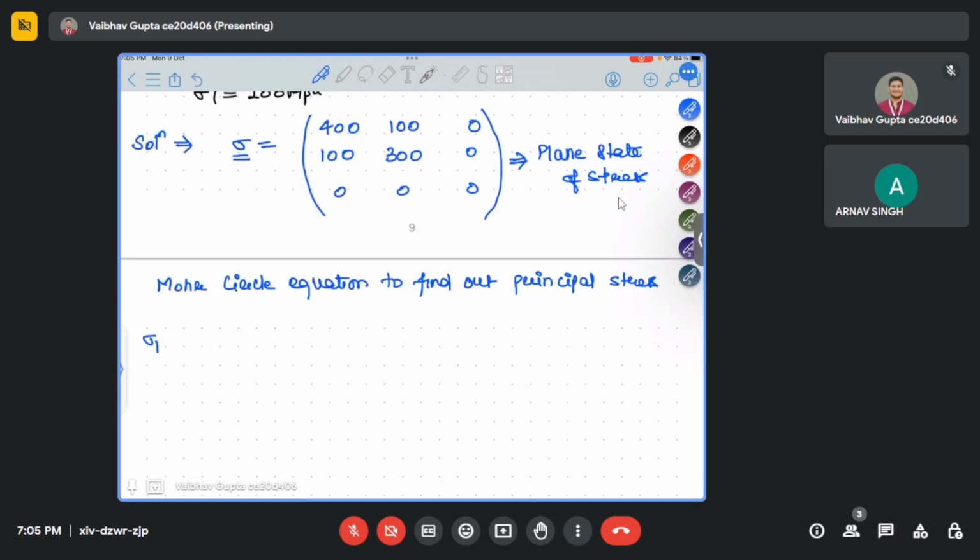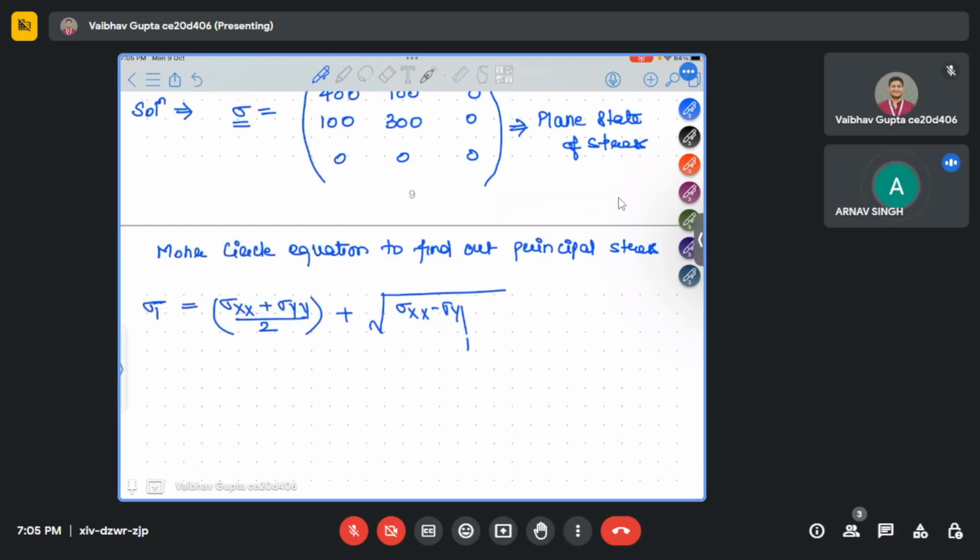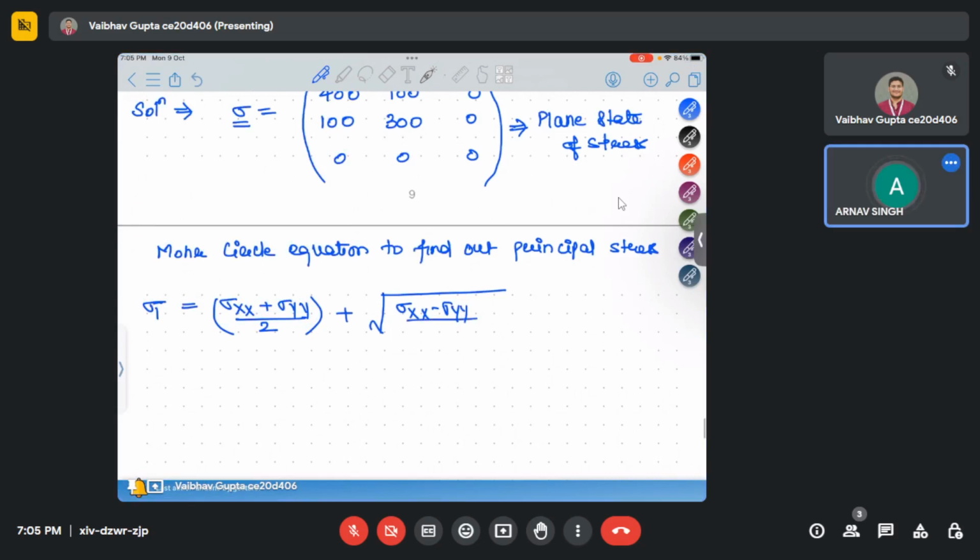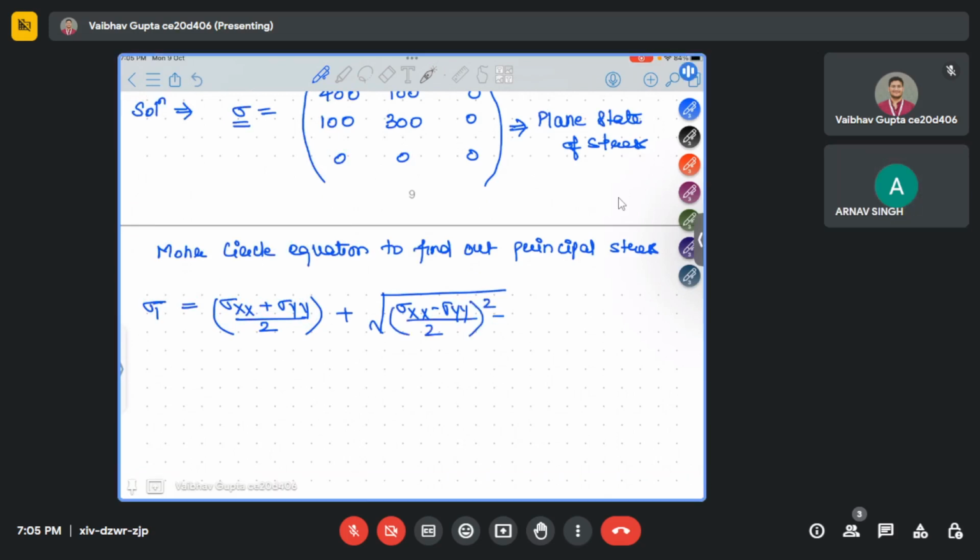So sigma 1 principal will be given by (sigma xx plus sigma yy) by 2, as per the Mohr circle equation, plus under root of ((sigma xx minus sigma yy) by 2) whole square plus sigma xy whole square.